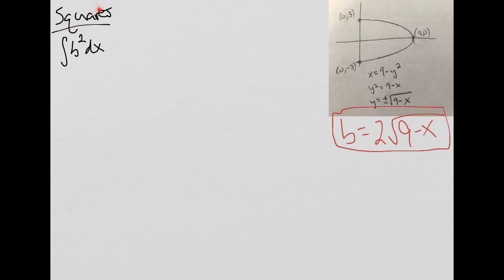First part is to do squares, and I know that for squares, I get integral of b squared dx, which is going to give me integral of 2 root 9 minus x, squared, dx. I'm starting at this x value, and I'm going to that x value, so I'm going from 0 to 9.